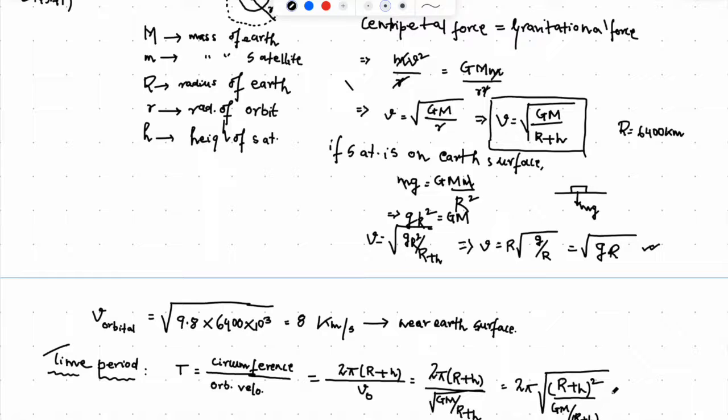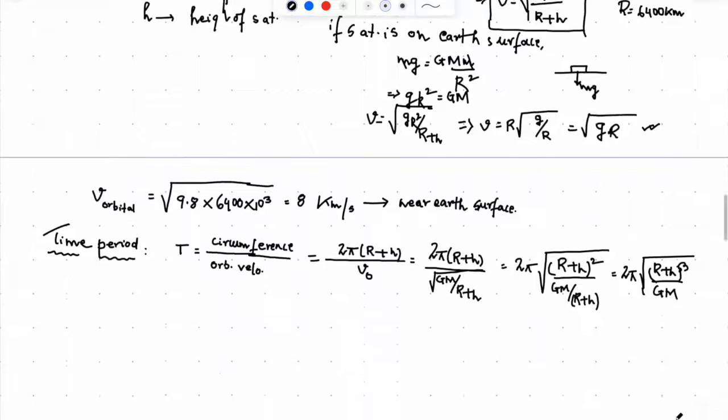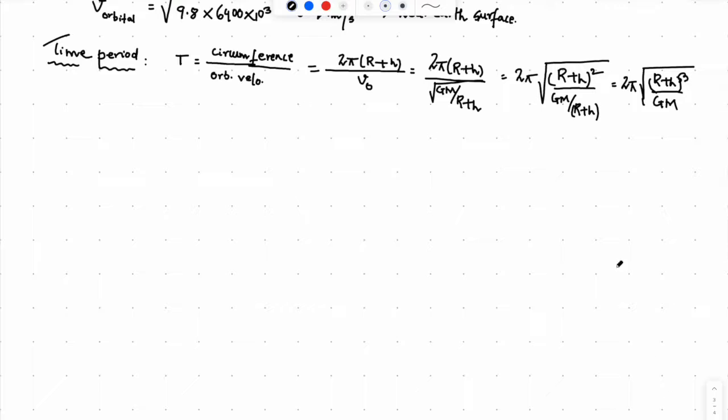So this will become cubed, right? So in terms of gm, it will be 2 pi root over r plus h cubed divided by gm. Okay, so this is my time period.